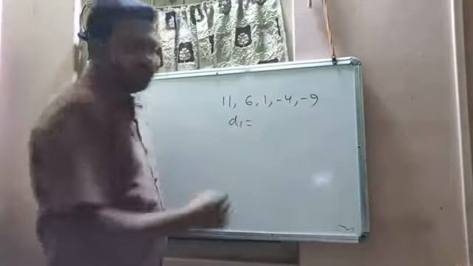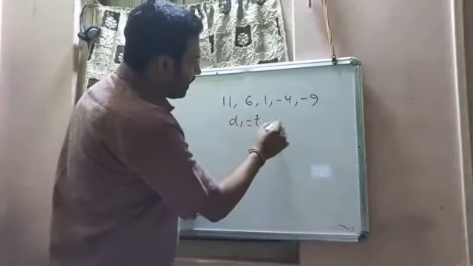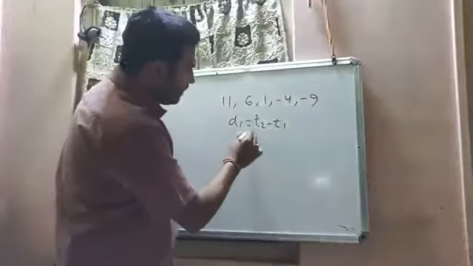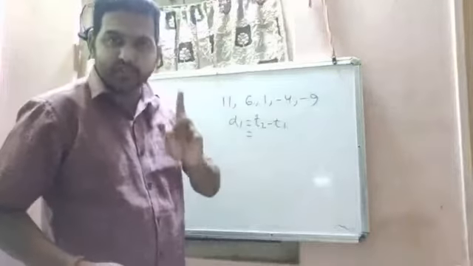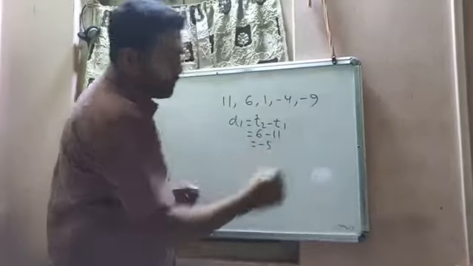The difference between the first two terms, that is d1, is equal to t2 minus t1. So let me find the difference between the first two terms. 6 minus 11 is equal to minus 5.